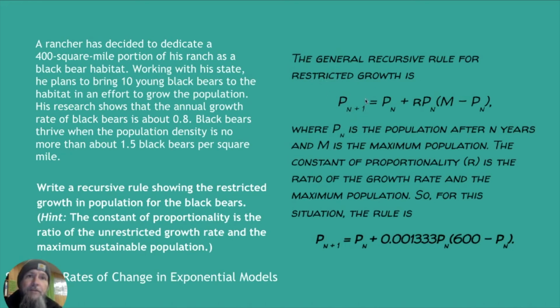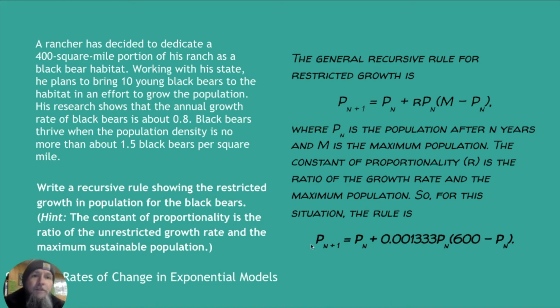The population of the bears in the next value equals the current population of bears plus the constant of proportionality times the current population of bears times the maximum number of bears minus the current population of bears. Well, Pn is the population after n years, and M is the maximum population. The constant of proportionality, R, is the ratio of the growth rate to the maximum population.